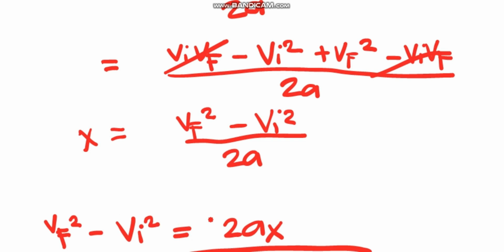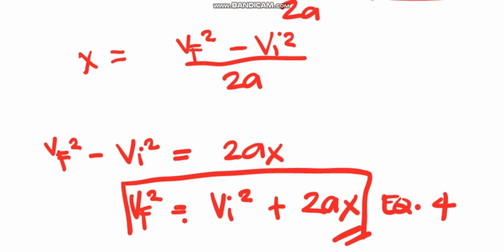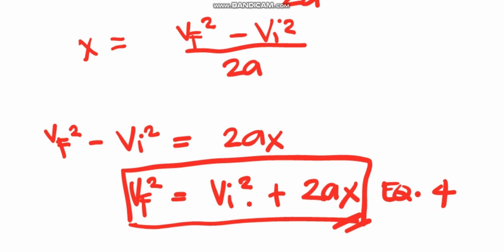And simplifying again, we need to get Vf squared. We just have to transpose Vi squared to the right side of the equation. We'll have Vf squared is equal to Vi squared plus 2ax. So this is now our equation number 4 for the case of constant acceleration. So Vf squared is equal to Vi squared plus 2ax. So we have derived the 4 basic kinematic equations.